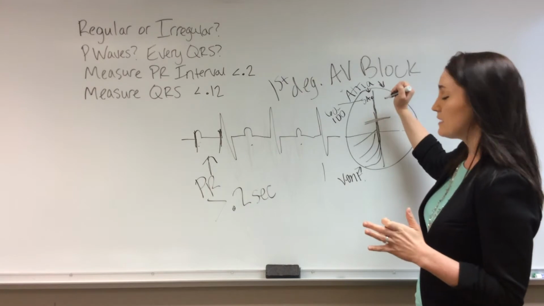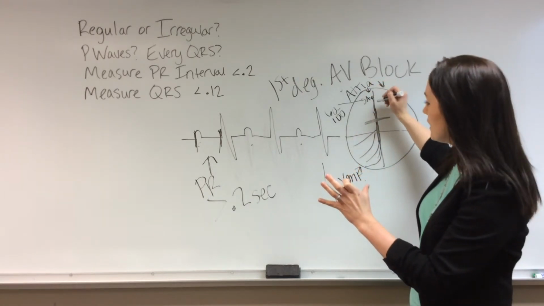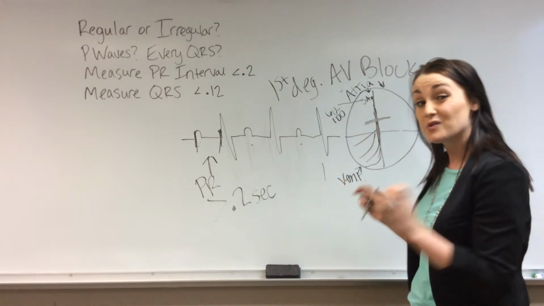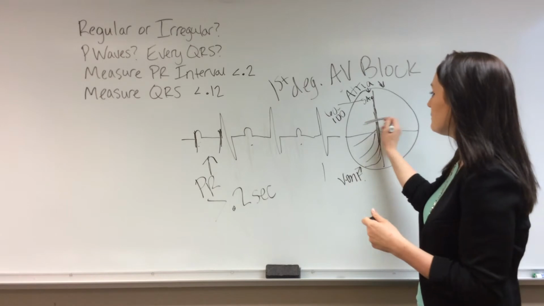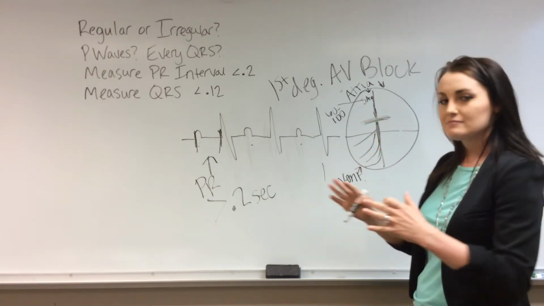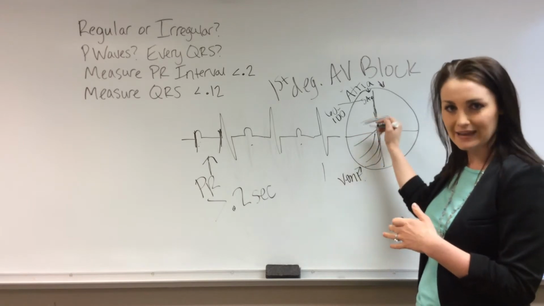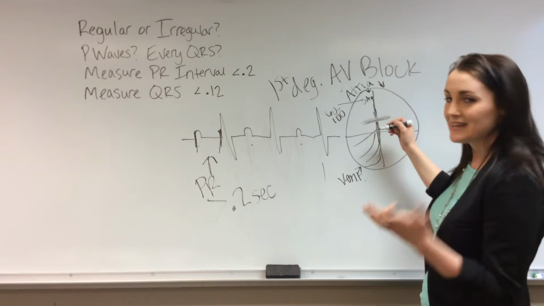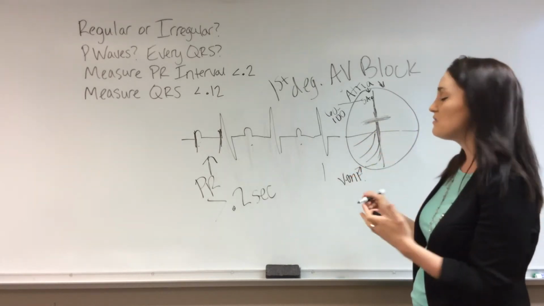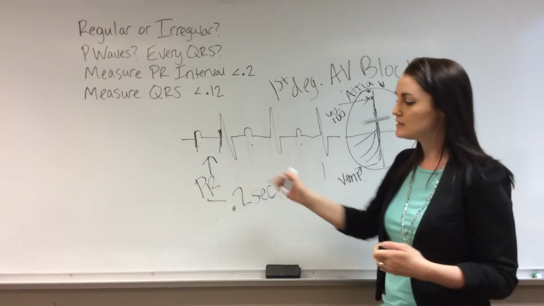The impulse that's coming from up in the SA node, atria are depolarizing, and then that impulse should come down and tell the ventricles to depolarize, and so we get a QRS. There's a block there prolonging it. So an AV block, by the AV node. There's a block, but after it gets past the block, comes down, and then we have normal conduction after that. So we have a normal QRS.